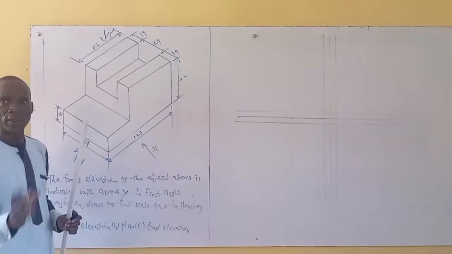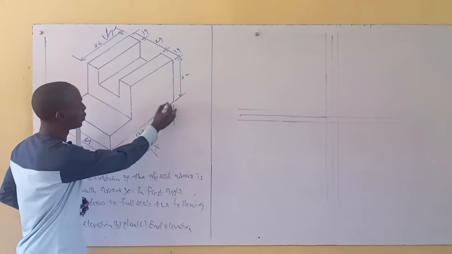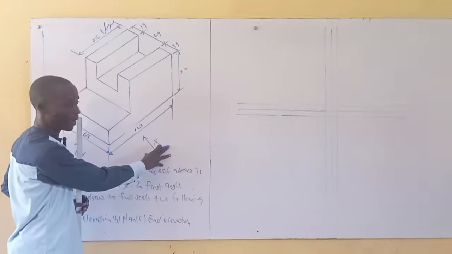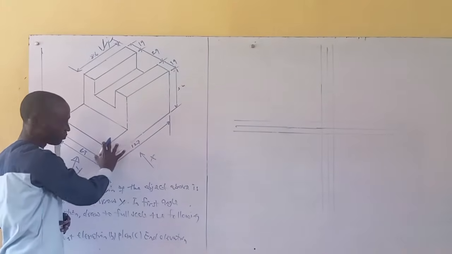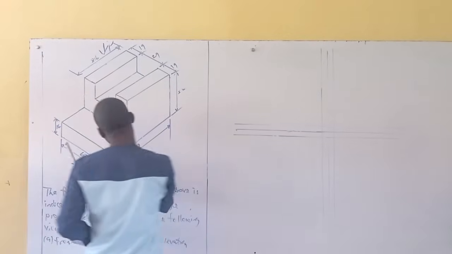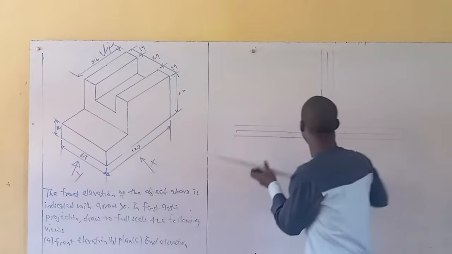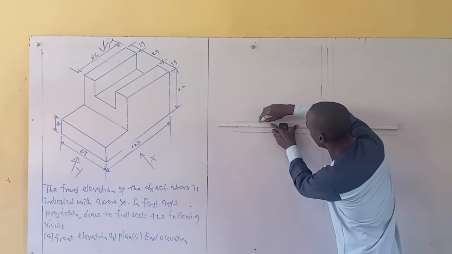From the front elevation, when you view it from here, this point to this point will be seen clearly by a person viewing it from X. From here to here will be visible. This shape will be visible. So let me draw this line here. From here to this point, remember it has to be full scale as indicated in the drawing.